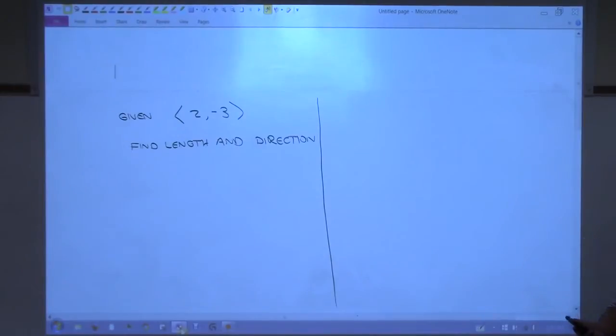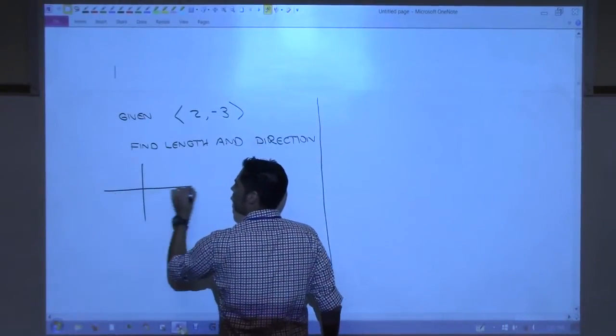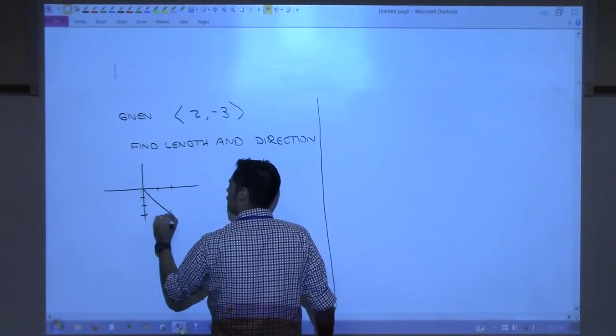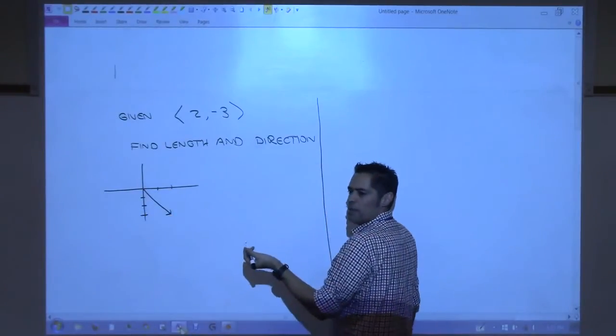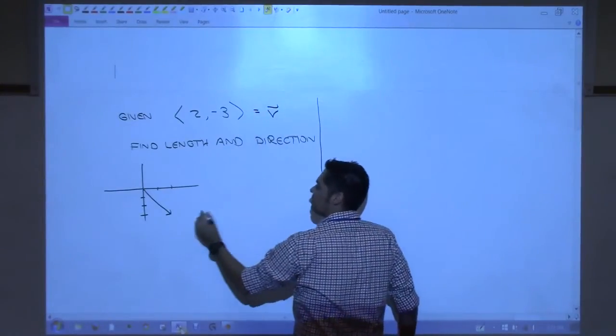So how would you like to do this? Do you want to draw it first? It's two-dimensional, so this should be very easy to draw. Here's your vector. Should we call it something? V, U, W? You want to call it V? Okay, so there's our vector V.